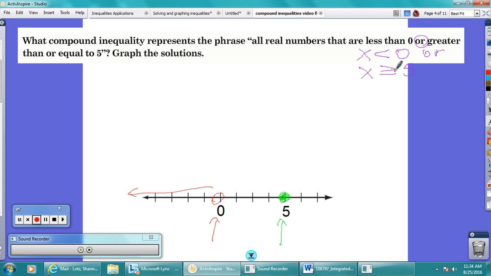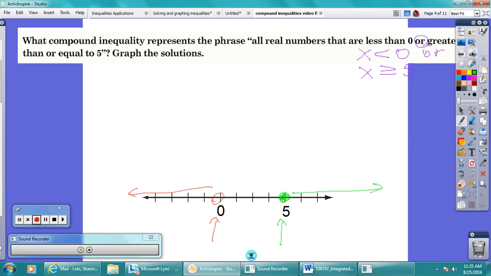Is 0 greater than or equal to 5? No. Well, 0 is to the left, so we know none of those numbers satisfy the inequality. So we follow our arrow and we go to the right. Again, notice we have the word or. So either one of these will satisfy this compound inequality, and the arrows are going in opposite directions.